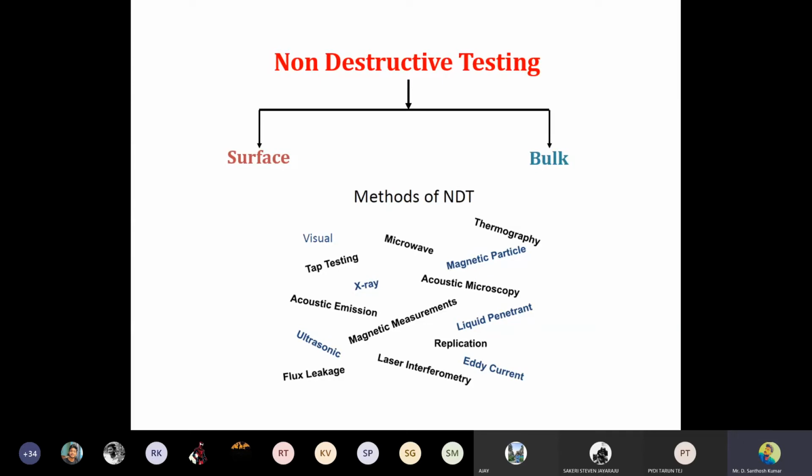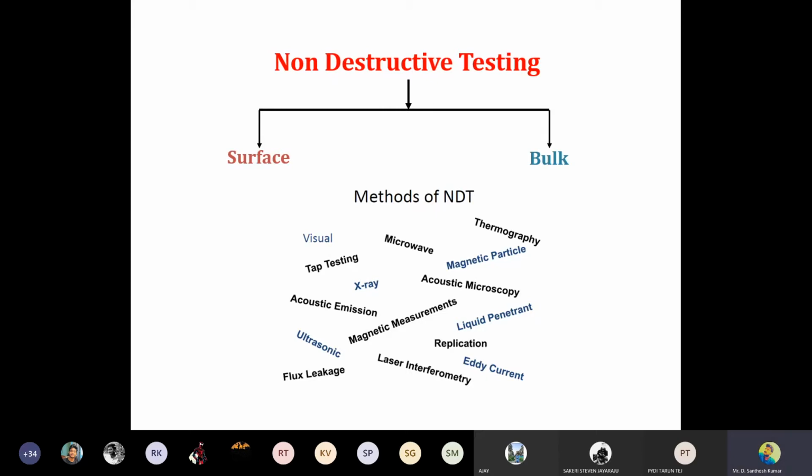If your defect is on the surface, then we call it surface NDT, meaning those are the testing methods you use to detect those flaws or defects. And the other side is the bulk NDT method, where the flaws or defects occur inside the component or inside the material. That is the reason they are classified into two categories, either surface or bulk.